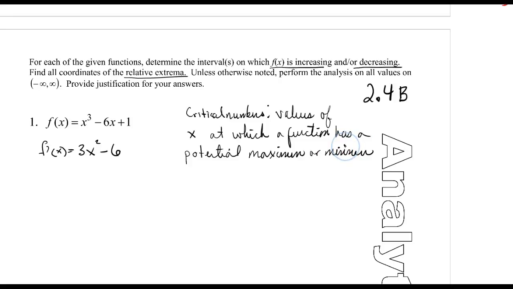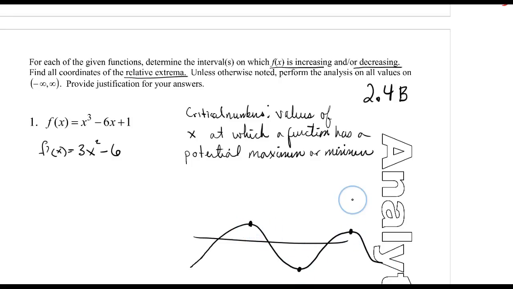And if we return to our graphical examples, if I had a function that looked like this, we'd see that it's always where my derivative equals 0 that my function changes from, say, a positive slope to a negative slope, or from a negative slope to a positive slope.